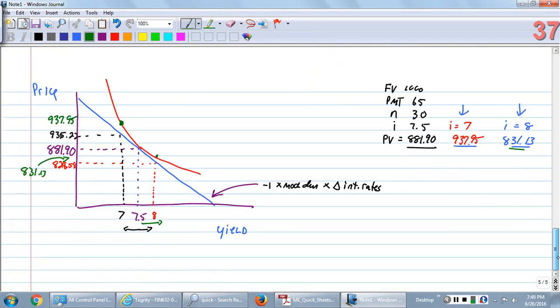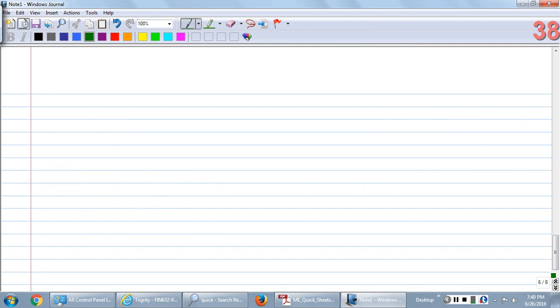So what are the variables that affect both duration and convexity? Well, here they are: yield to maturity, time to maturity, and coupon rate. Remember, those are the three variables that were in our formula for duration. So I'm going to write down the word duration here, and I'm also going to write down the word convexity next to it.